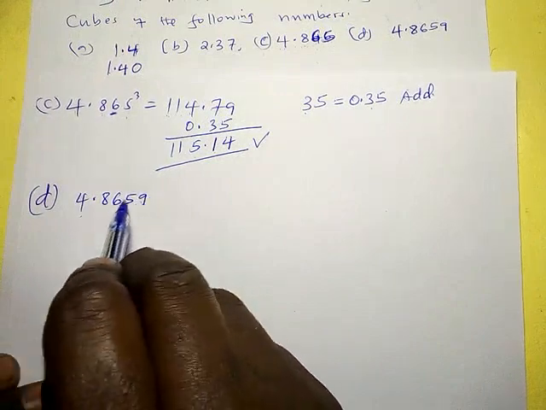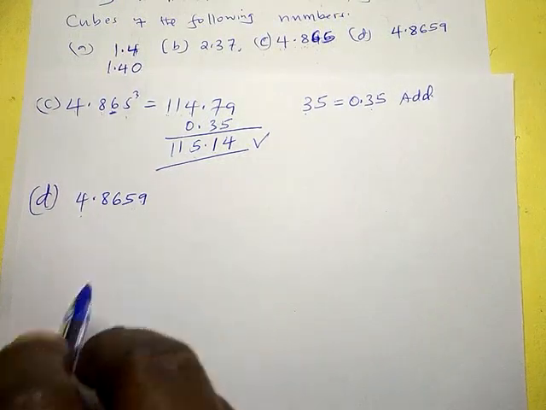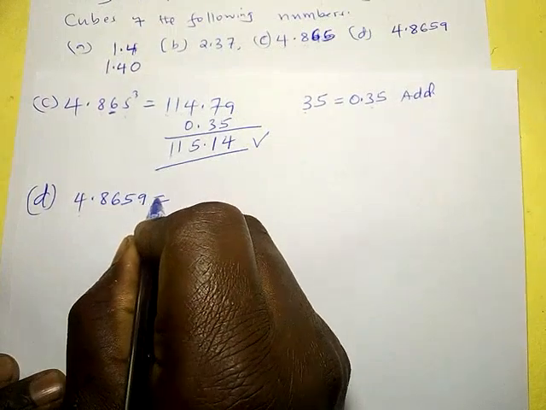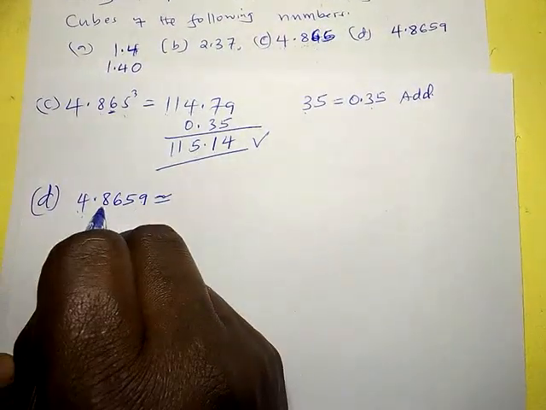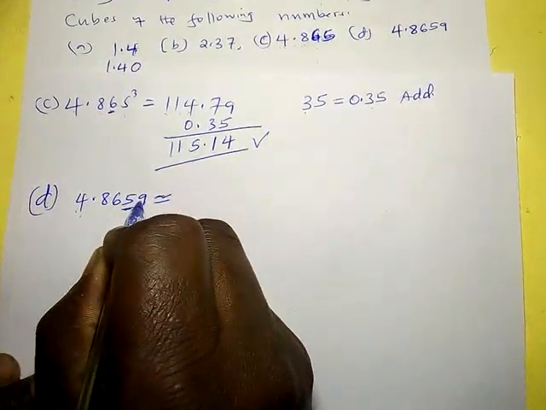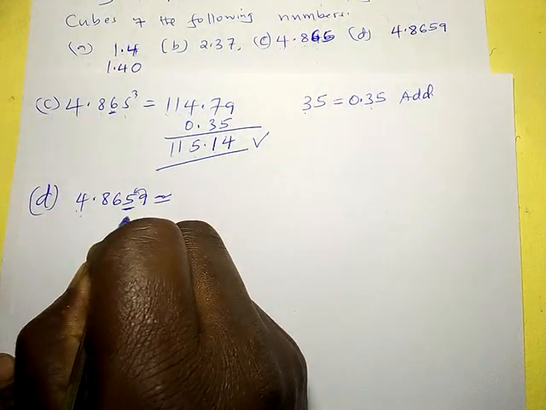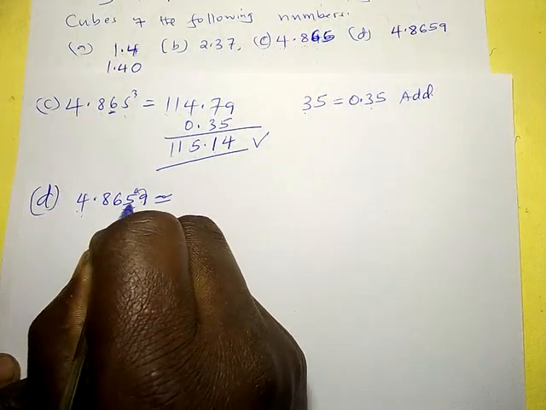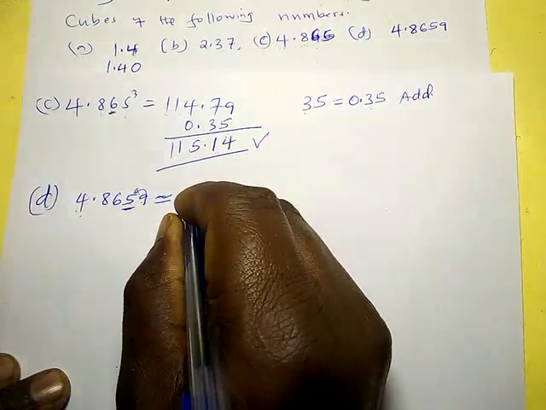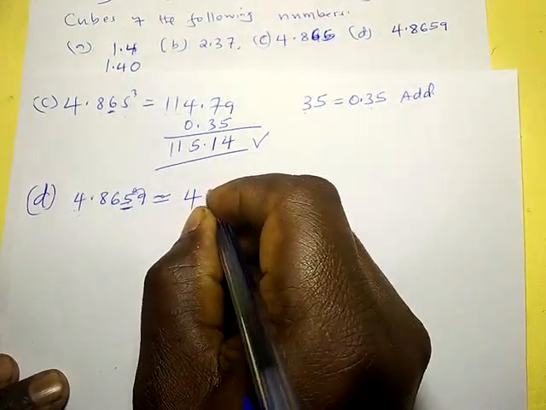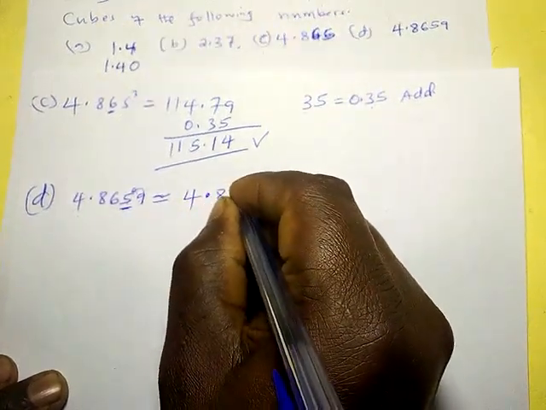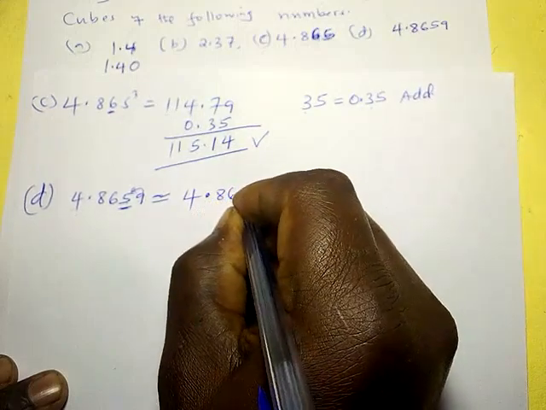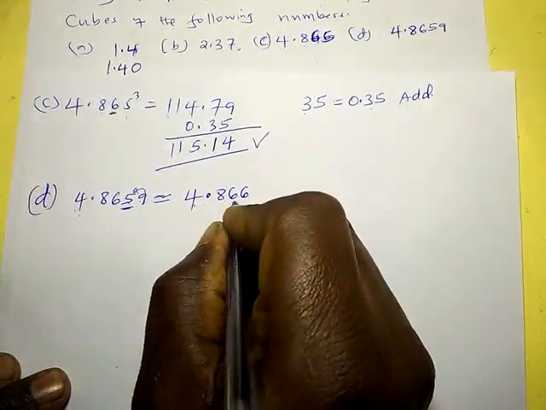We are not going to use this whole number the way it is. Therefore, this number is the same as 1, 2, 3, 4. You stand here, and this is 9. Can you round off? It will increase this one by 1, and it will become 6. Therefore, the number we are going to look for in the table is 4.866. We want 4 figures.